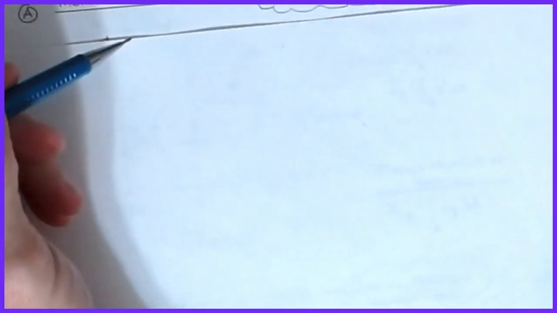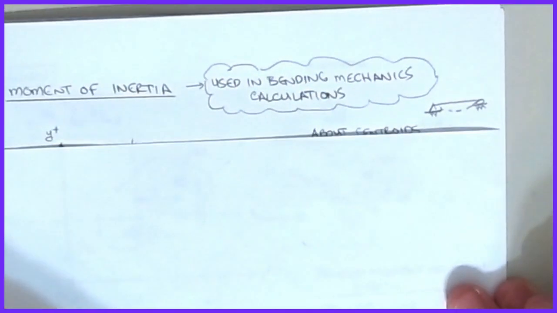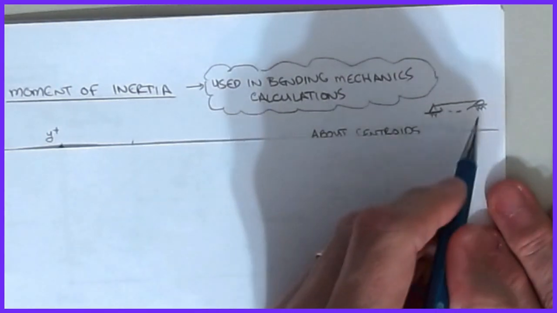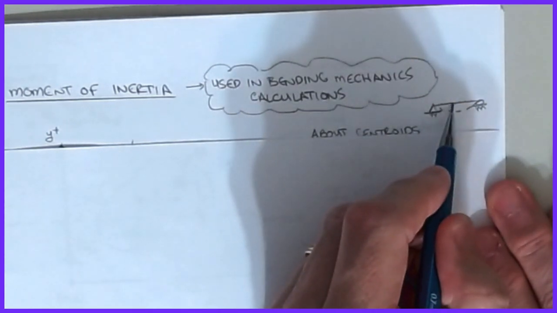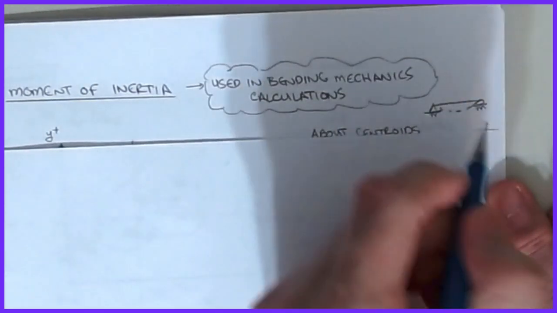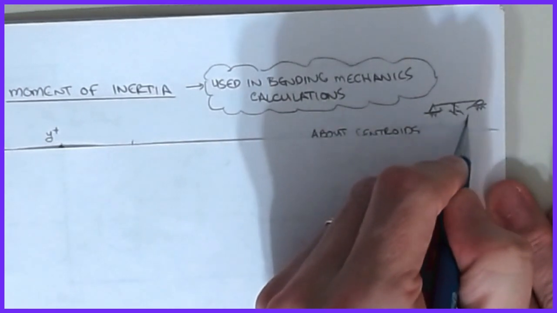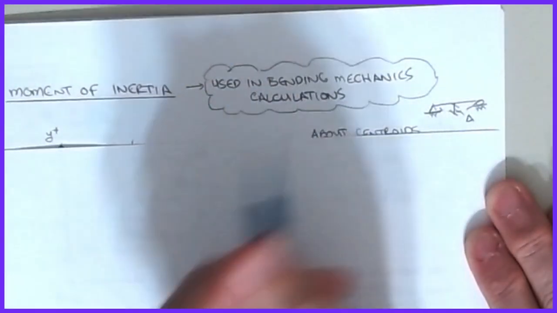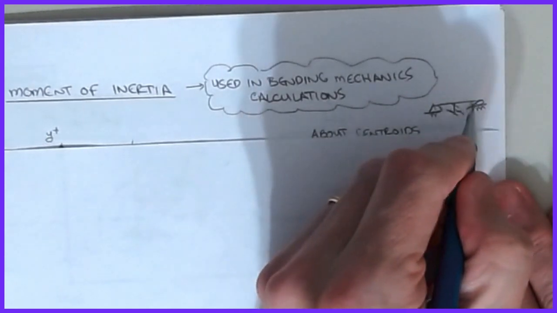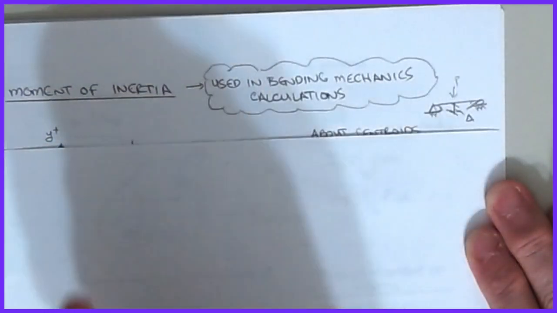Okay, now the moment of inertia, as we said, is useful in bending calculations, right? So if I have a beam that's here, then the arrangement of this moment of inertia determines how far this guy will deflect downward. Okay, if this is the elastic curve or the deflected shape due to some load P acting on the beam.